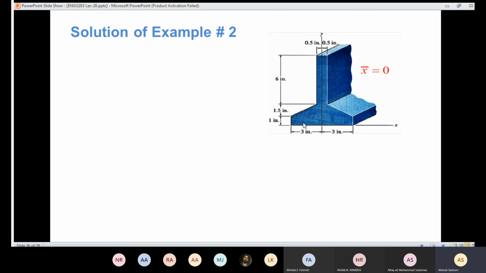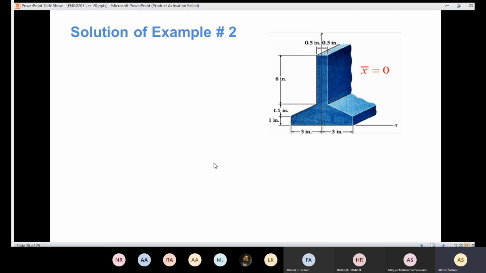If your reference was here, then the value of x is going to be 3 inches. But since you set the reference exactly at the middle, that means the value of x bar is going to be 0. Now, since the value of x is going to be 0, I'm not going to pay attention to the centroid for that part in x-axis. So the number of columns is going to be reduced by 2.